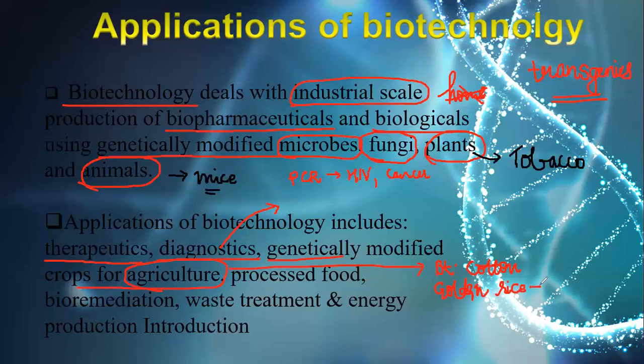Golden rice is important because it is vitamin A enriched rice, which can alleviate diseases of vitamin A deficiency, such as night blindness, then color blindness, etc. Then processed food, bioremediation, waste treatment, energy production, etc.